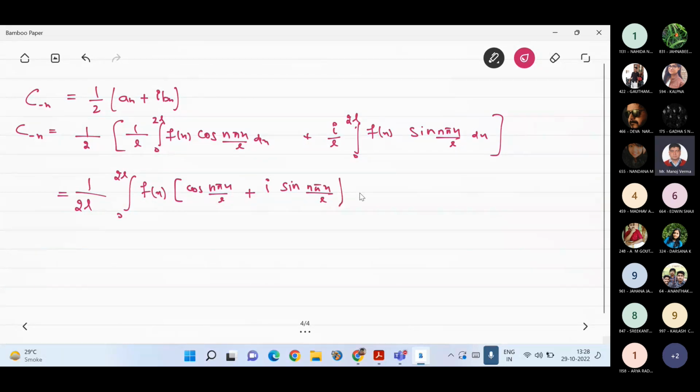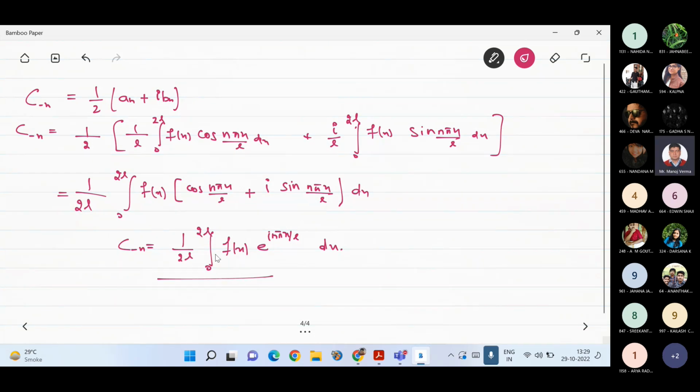So you can see that this is becoming cos θ plus iota sin θ. So the value of C minus n will become 1 by 2L, from 0 to 2L, f(x) e raised to the power iota nπx/L dx.